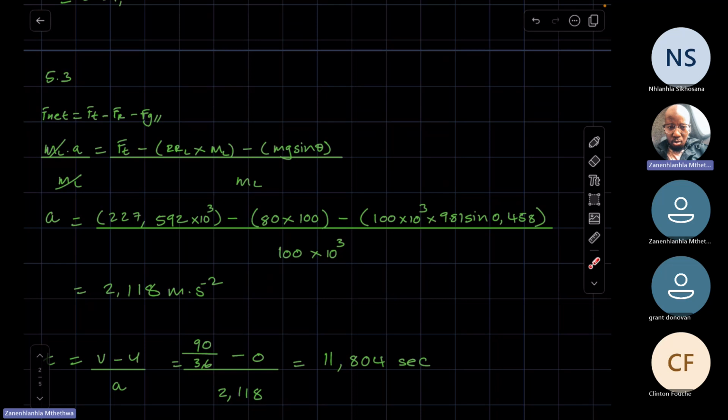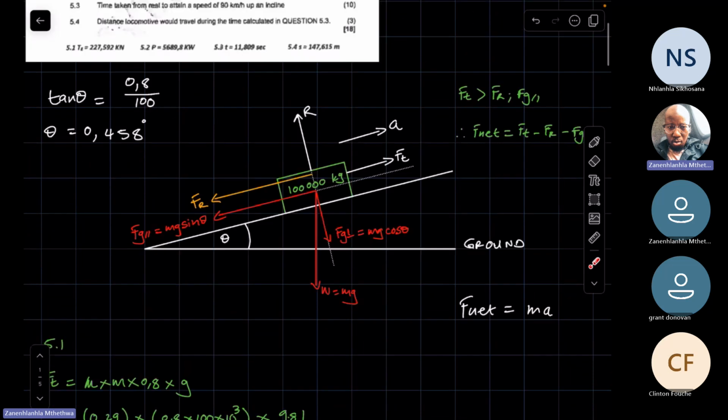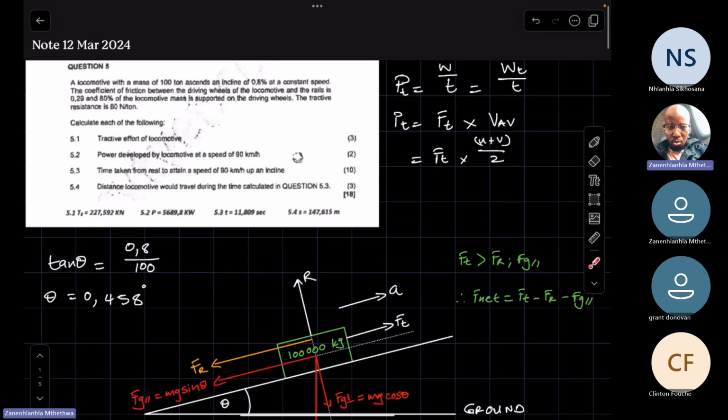With only the exception of the formula to calculate the tractive effort, or what I call there as the total force applied, right? That is how you would attempt questions based on vehicle dynamics.